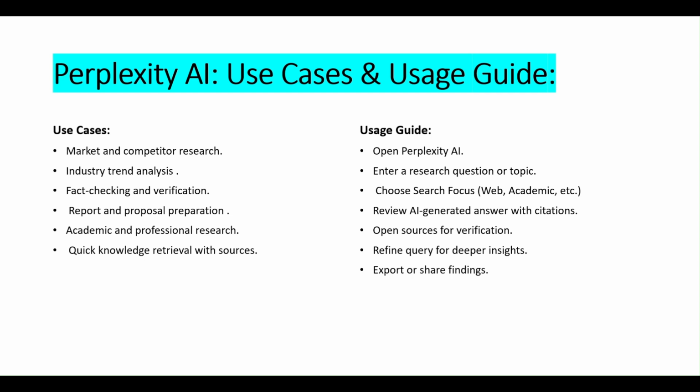We can open those sources to verify the information, ask follow up questions for deeper insights, and finally, export or share our findings if needed. So, with just a few simple steps, Perplexity AI makes the entire research process faster, easier, and more reliable.